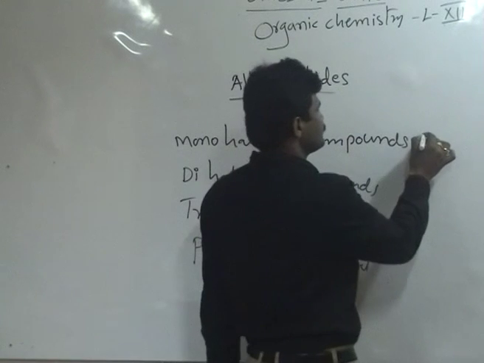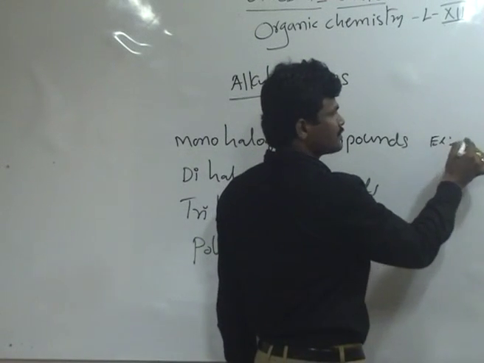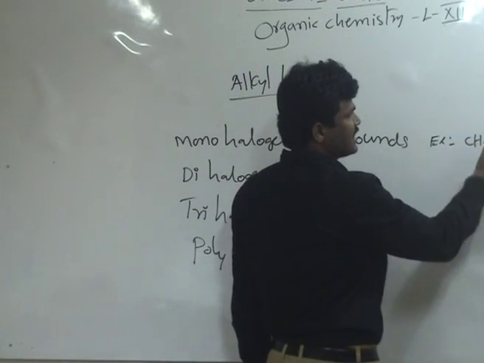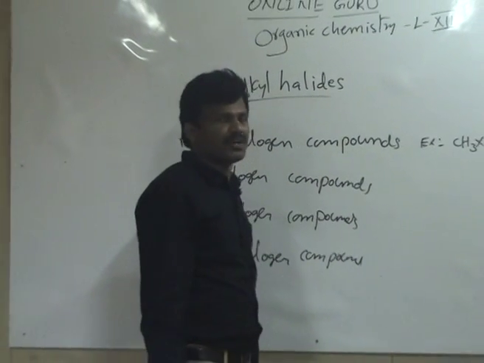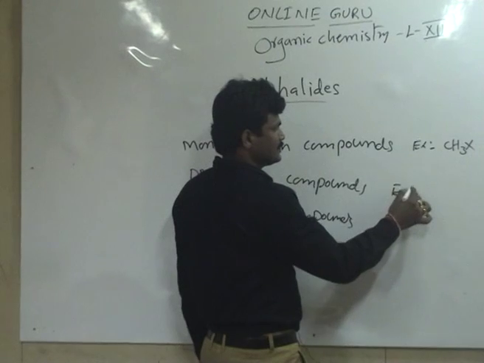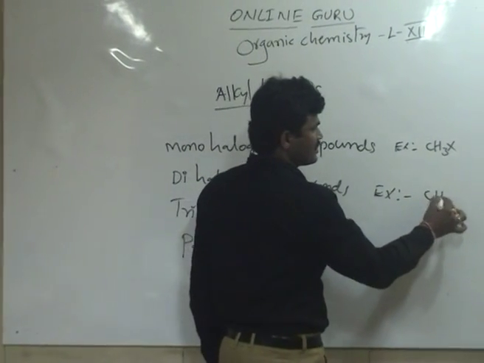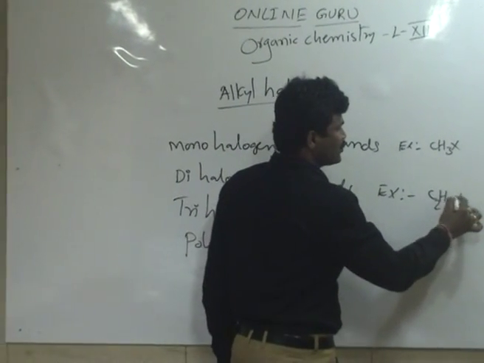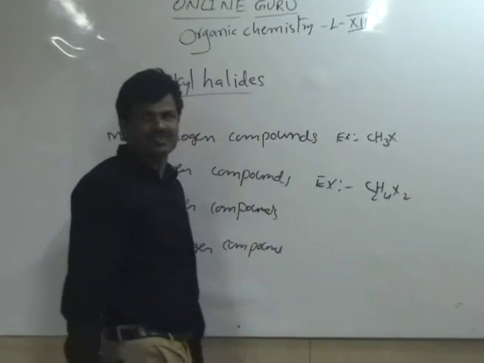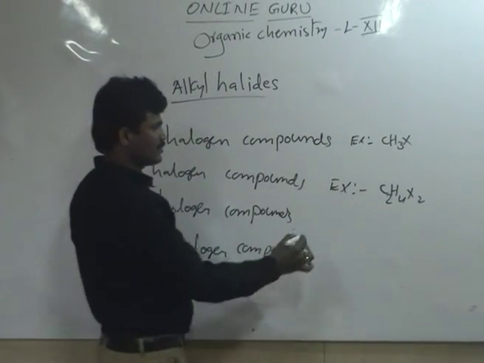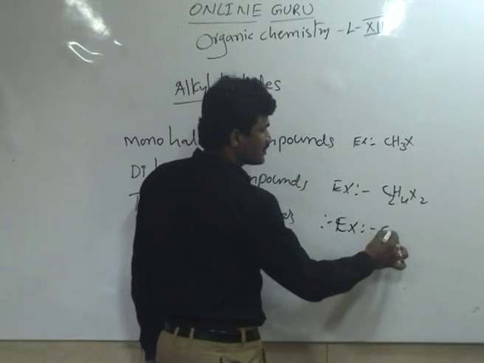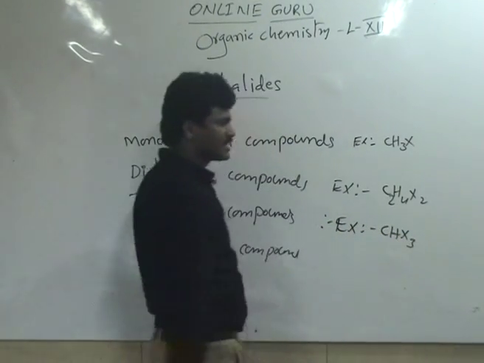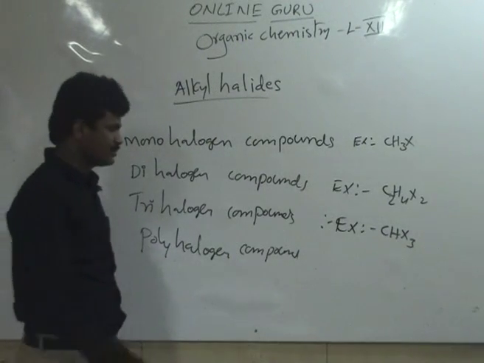For example, CH3X is the monohalogen compound. C2H4X2 is the dihalogen compound. CHX3 is the trihalogen compound.